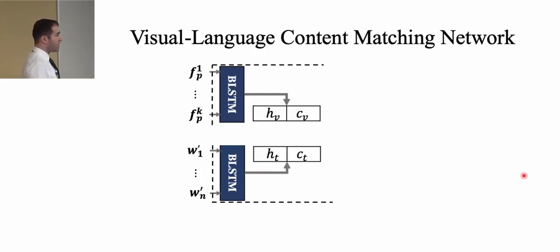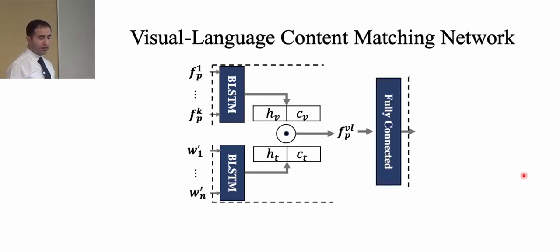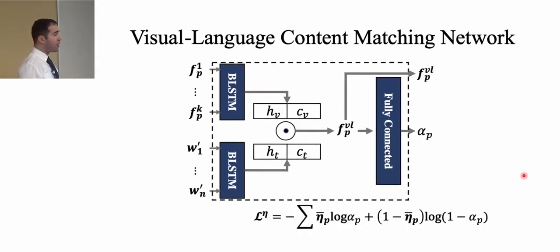It also produces a final representation for this description. The product of these two representations will form a visual language feature for that specific clip. This feature is passed through a fully connected layer that assigns a confidence score whether this description is correct or not. The visual language feature is copied for further use in the Purport network.